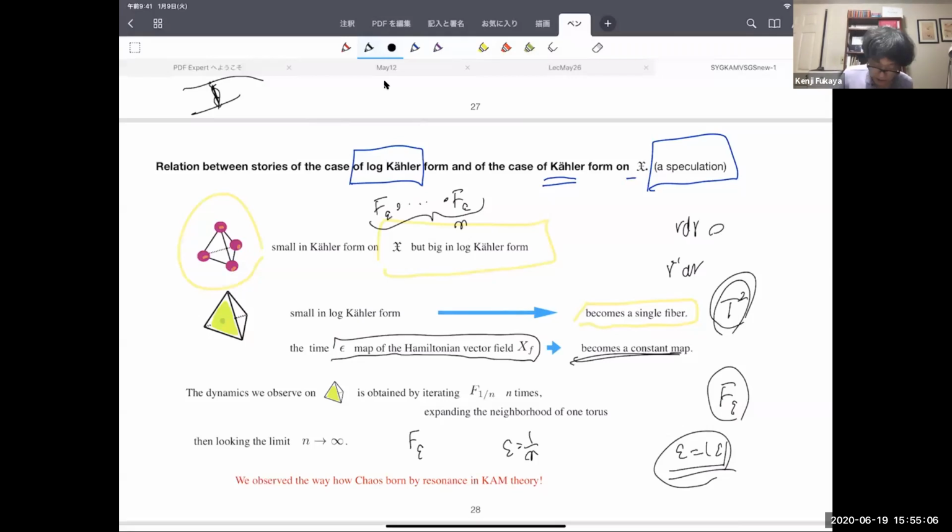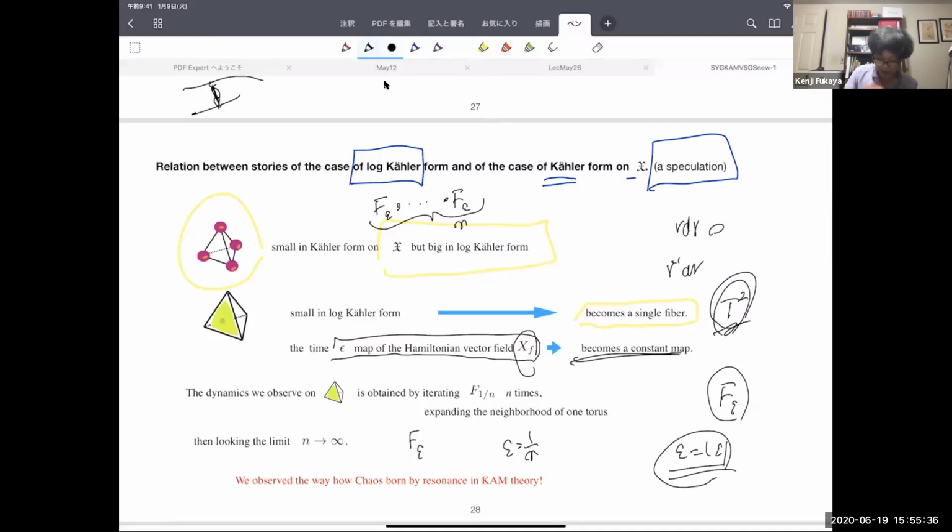Then this looks like a time 1 map of this XF. Then when epsilon goes to 0, or n goes to infinity, you have some non-trivial map, and also you need to expand this normal direction to this particular T2. Then you get some symplectic diffeomorphism, which is non-trivial, and the conjecture or speculation is that the particular symplectic diffeomorphism I just described using this Fubini-Study form is exactly this limit.